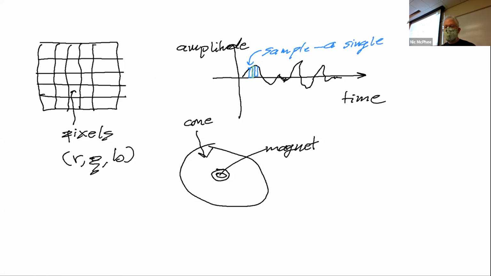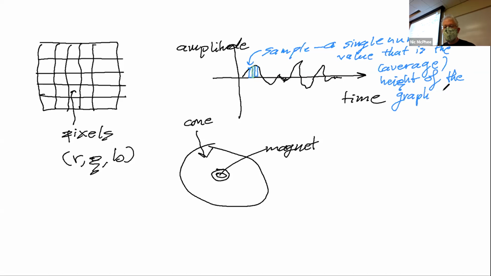A single numeric value that is the, you want to be very specific about it, average height of the graph at that point in time. Okay.